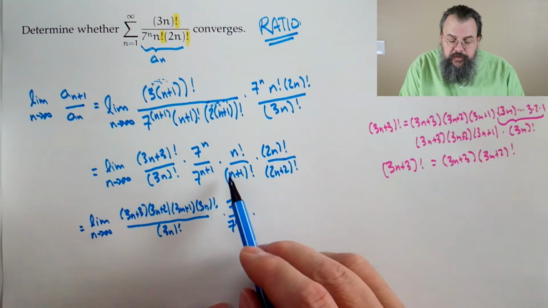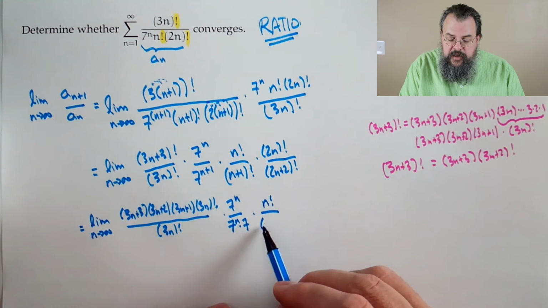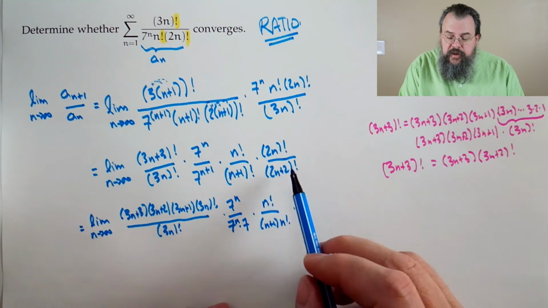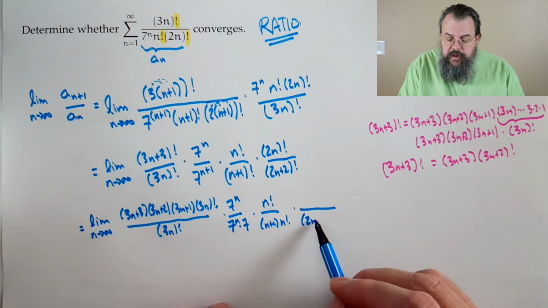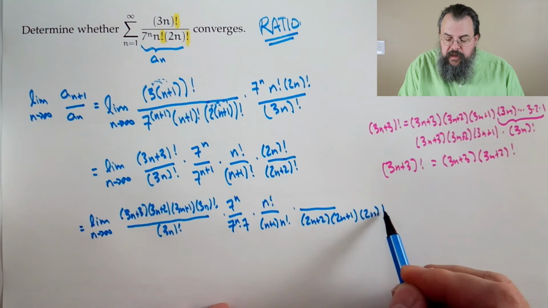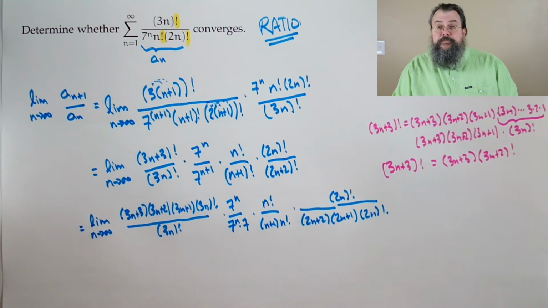Next term, okay, pull off a term of the n plus 1 factorial downstairs, so n factorial upstairs, n plus 1 times n factorial. And downstairs, again, pull off the 2n plus 2's, so we're going to have a 2n plus 2, a 2n plus 1, and then 2n. Great. And then upstairs, 2n factorial.